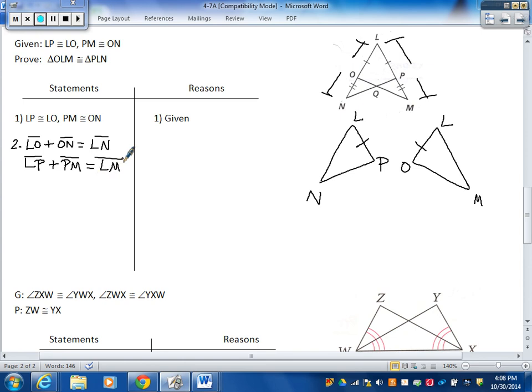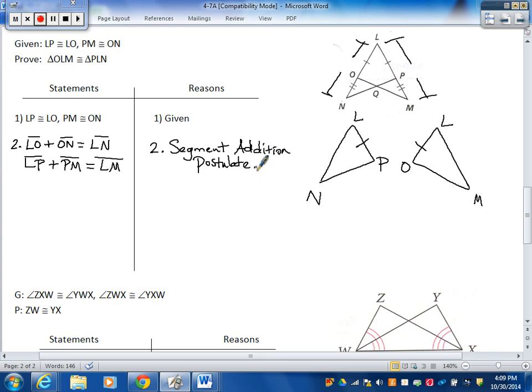Now, what's that called? Do you remember from the first chapter? If I take a segment plus another segment that equals the entire segment, that is called the segment addition postulate. Adding two segments to equal an entire segment. Okay?